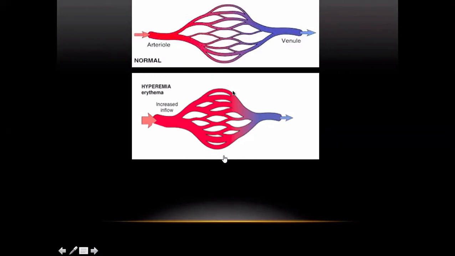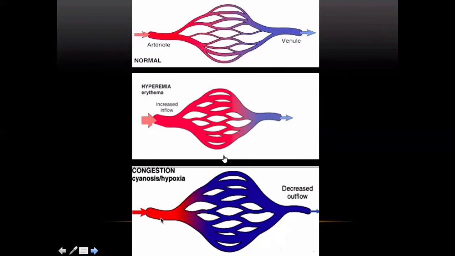You have hyperemia, an active process or erythema, compared to the venular end. Whereas in congestion, the blood cannot leave because of the impaired outflow.